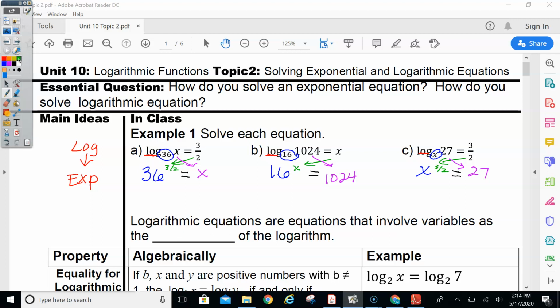Remember, when it's an exponent, you're going to take the root of the base, 36. So you take the bottom root, which is the square root, and you raise it to the third power. So the square root of 36 is 6. And then when we cube that, we get that x equals 6 cubed, which is just 216.